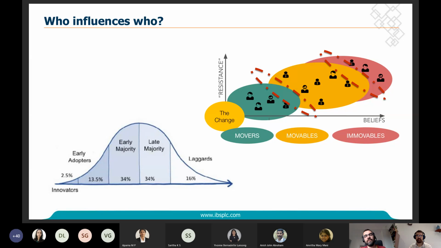Then we have another group, the movables, that probably, if they speak to these people that have started changing their glasses, can understand, okay, I see the point, and I'm going to change them as well. And then you have another group, the immovables. This group might not be helped if they are speaking to movers, because they see that maybe they are far too optimistic: everything is great in your mind, but in my reality this is really impossible.